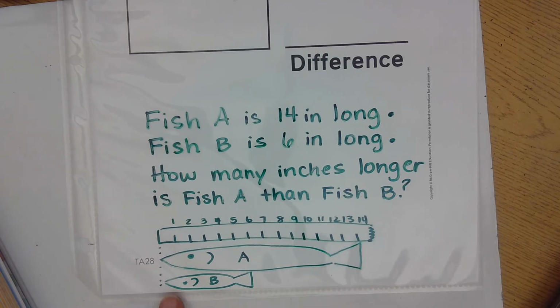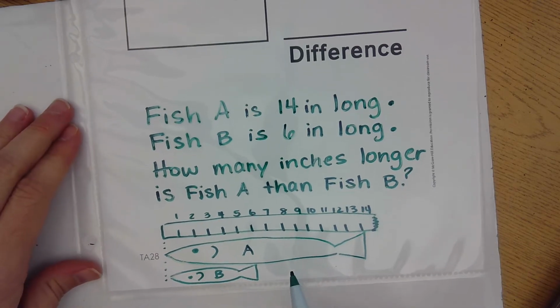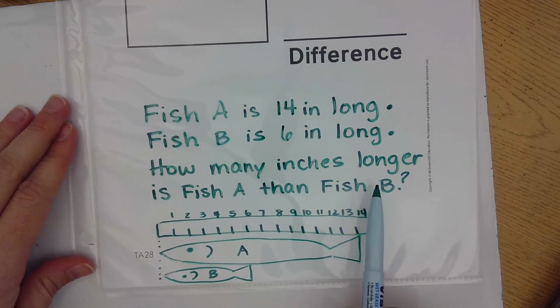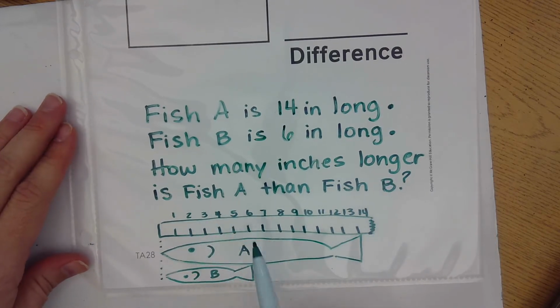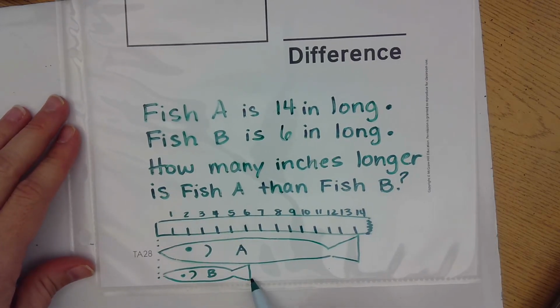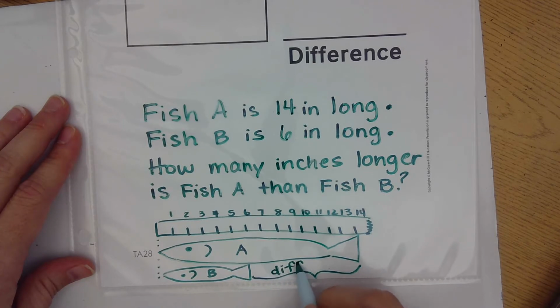And then I've also drawn fish B all the way to 6 inches, just like it said in our number story. So when we find the difference, when we want to know how many inches longer fish A is, this right here, from the end of fish B's tail all the way to the end of fish A's tail, this space in between the two fish, this is what we call the difference.